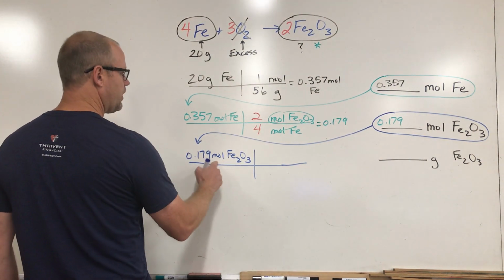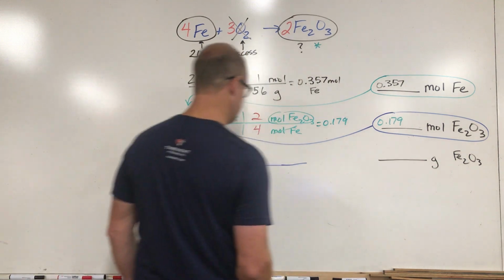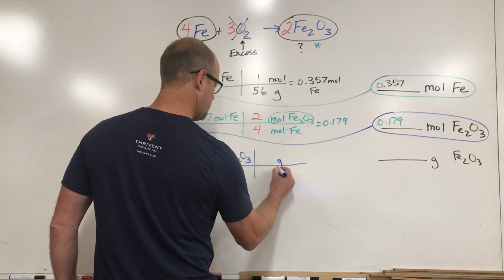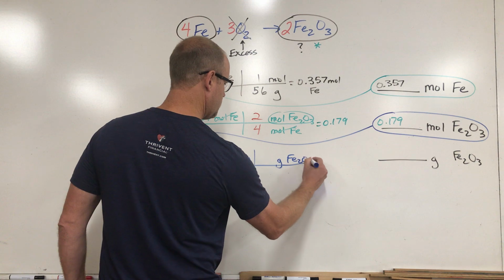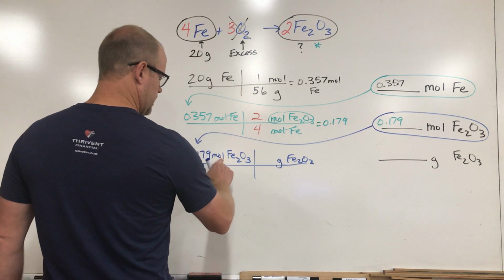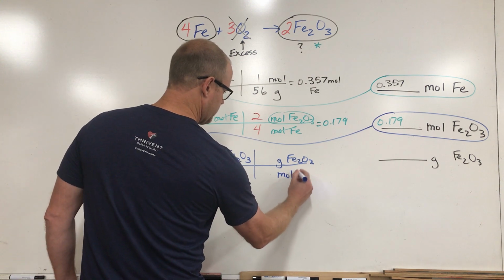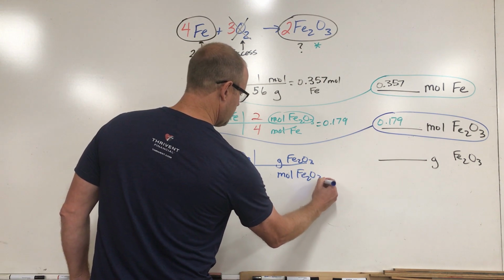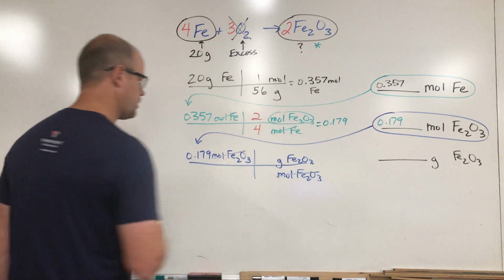So I'm going to turn moles of iron oxide now back into mass, into grams. And I'm going to take moles of iron oxide and put it on the bottom so it'll cancel out. So now those are gone.